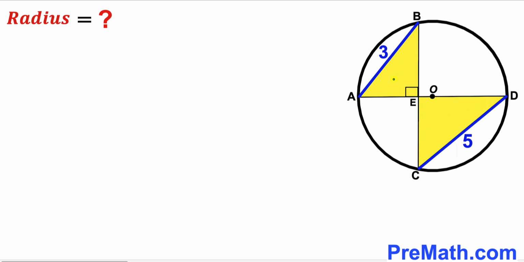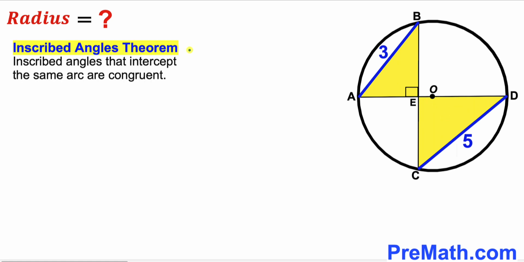Now let's focus on both of these yellow right triangles. Let's recall the inscribed angles theorem. According to this theorem, inscribed angles that intercept the same arc are always congruent. Let's focus on this arc BD.